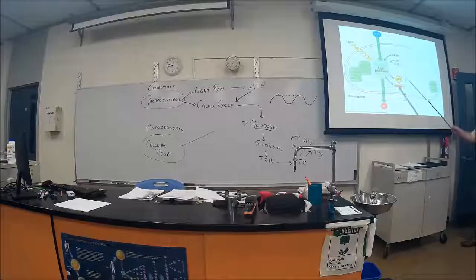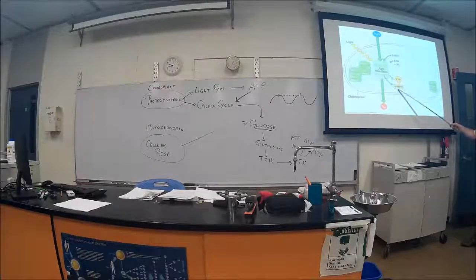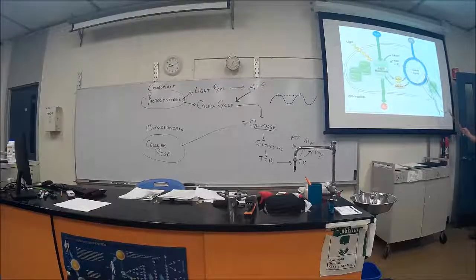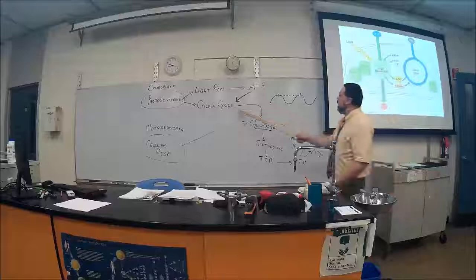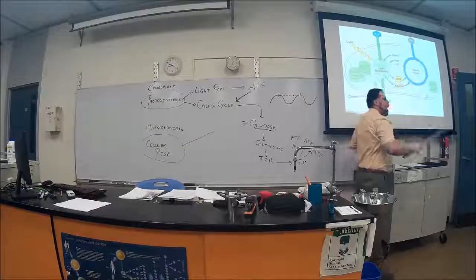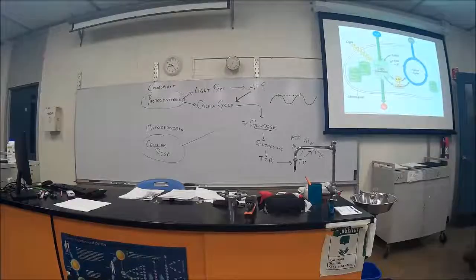Okay? So this is going to make ATP, and it's going to make NADPH, which is going to be enough energy to enter the Calvin cycle. The Calvin cycle is the one that is going to take carbon dioxide and fix it, and we'll get into it. It's going to make glucose.